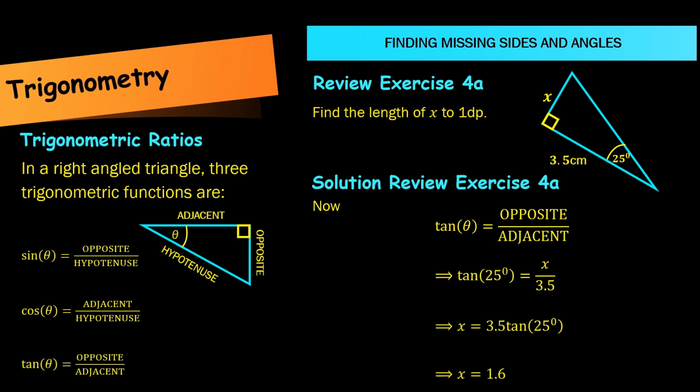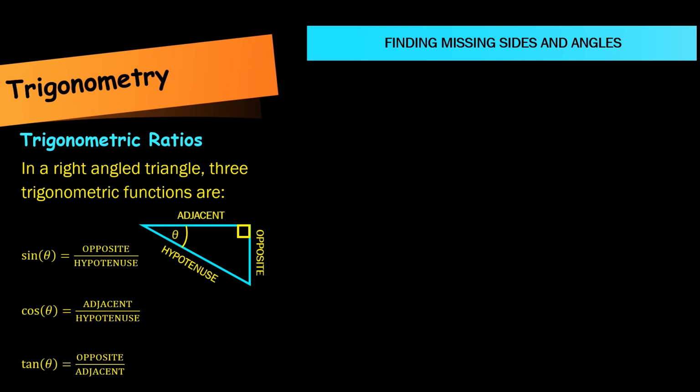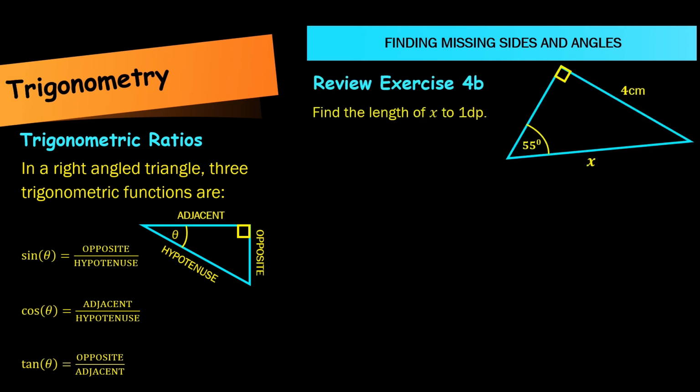Now let's have a go at review exercise 4b. We are required to find the length of x to one decimal place in the given diagram. We have the angle, which is 55 degrees, and we have the side opposite to it, which is 4 centimeters. And we are required to find the hypotenuse, x.